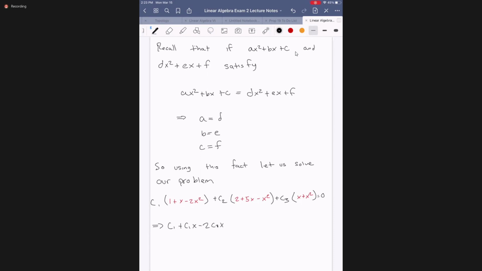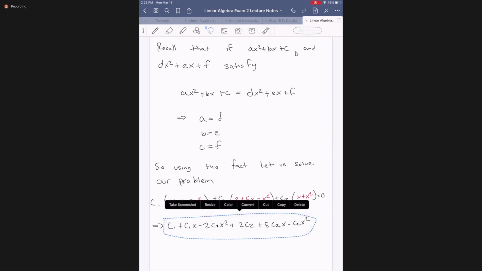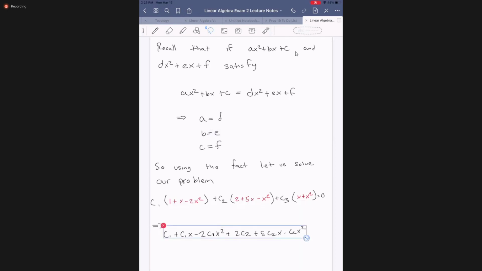So we get 2c2 plus 5c2 x minus c2 x squared, and we're distributing the c, so I'm going to have plus c3 x plus c3 x squared equals 0.